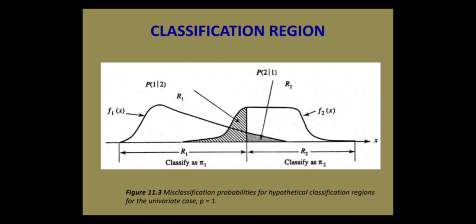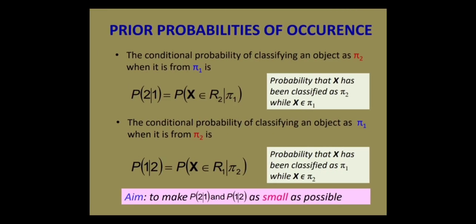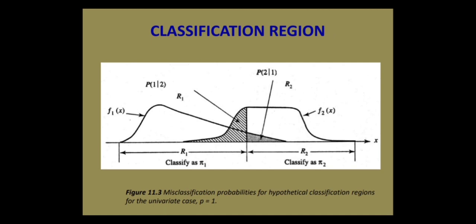Okay, ini adalah P2 given 1, which is the observation comes from, okay, yang ni tadi kan, 2 given 1.